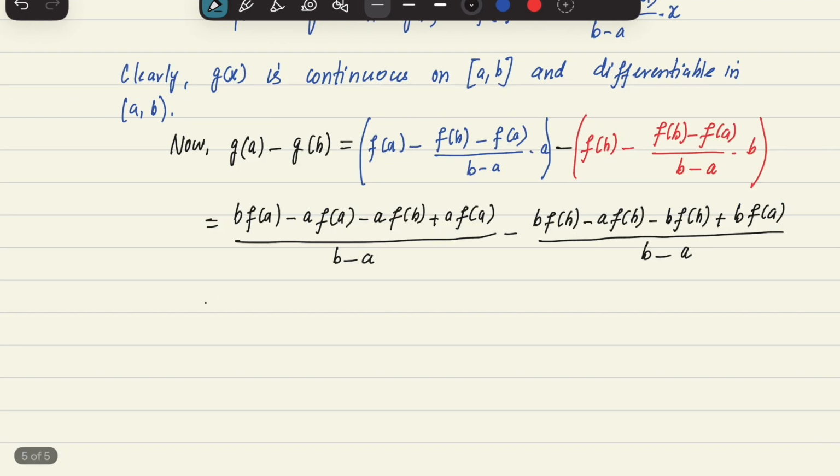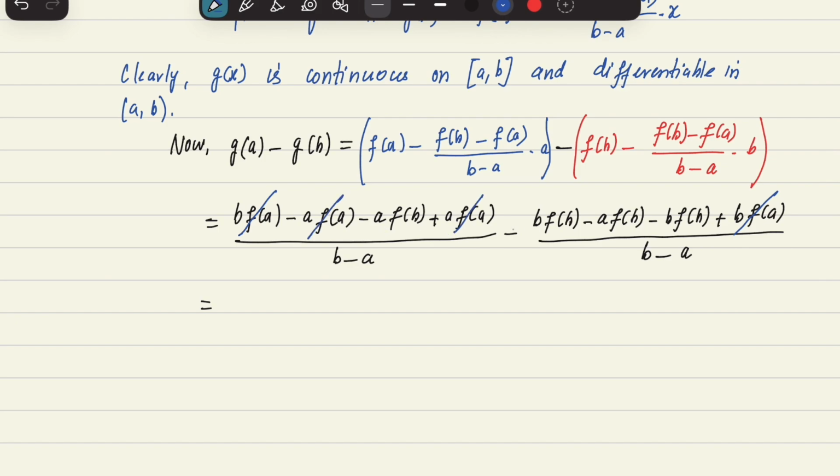Now let's compare the terms. We have positive b f(a) here, and this is negative b f(a) because we have minus sign here. Similarly, we have negative a f(a), and here we have positive a f(a).